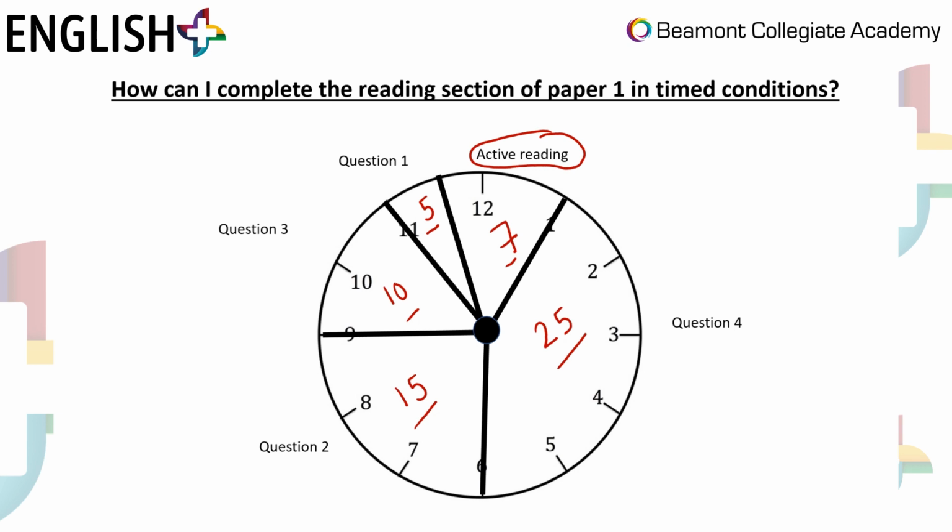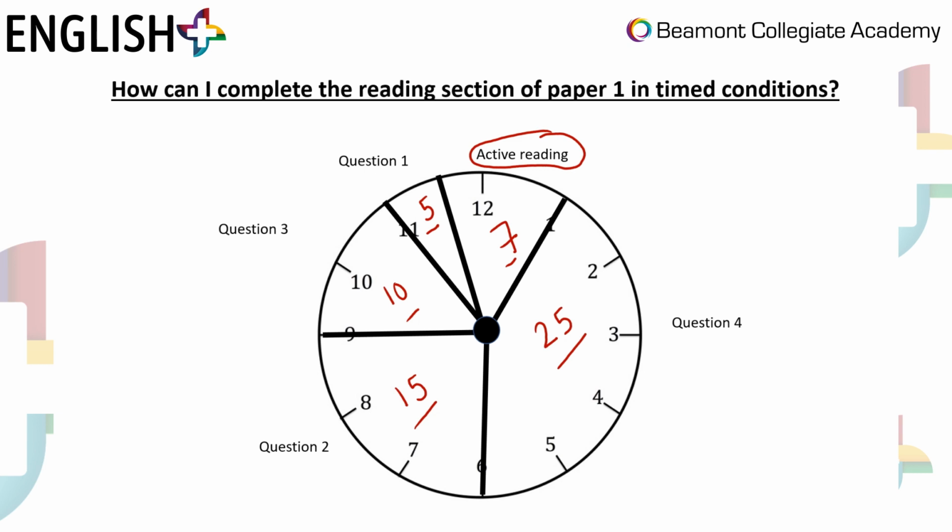Obviously, you don't want to be sat there in a PPE or a real exam thinking, oh, how long was it that we're supposed to spend on 2? Oh no, I've spent this long, because it will send you into a bit of a spin. You are looking to be confident and assured on this question, and part of that is taking ownership of the time. You will be able to see a clock. If you can't, put your hand up and ask, because you're entitled to see a clock, and you should be really keeping track of how long it takes you for each question.